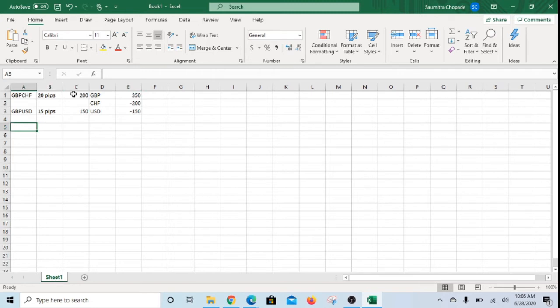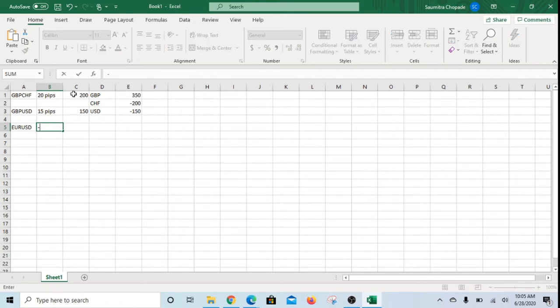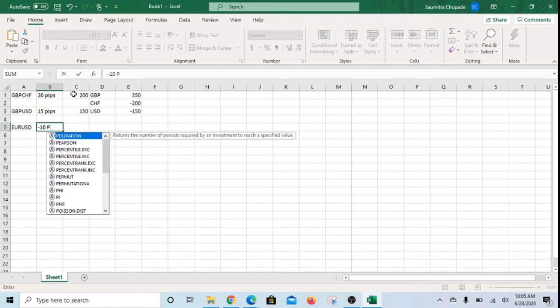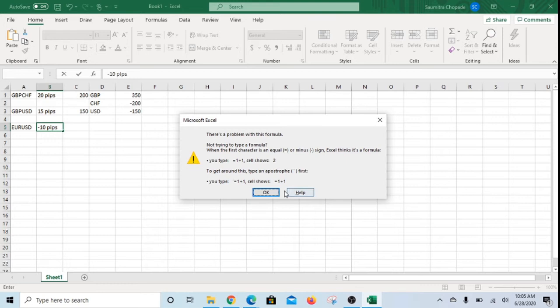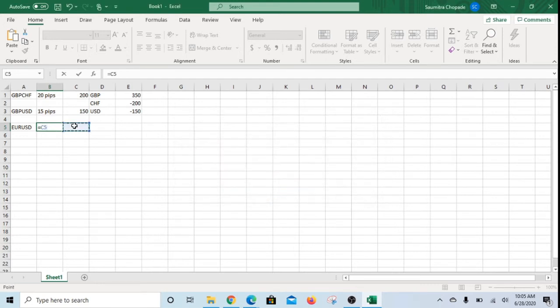Now let's say we checked EUR and USD, and let's take an example that it went down by 10 pips. That's minus 10 pips, which is basically minus 100 points.